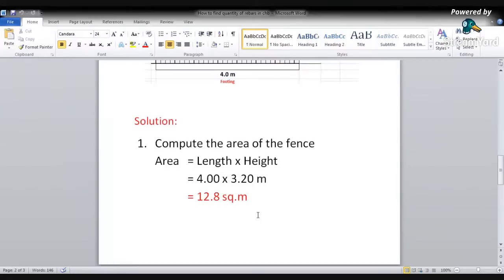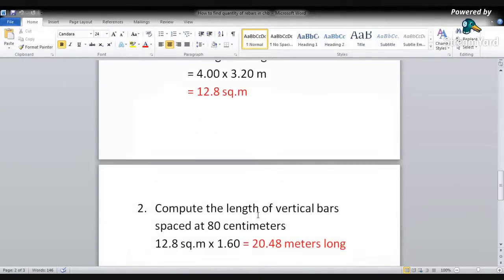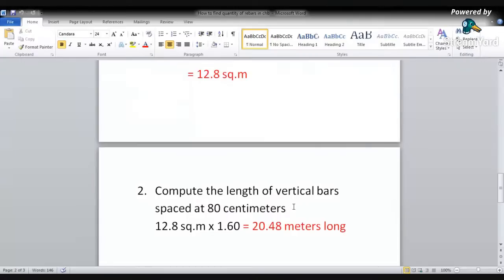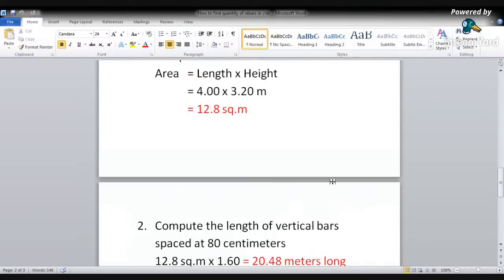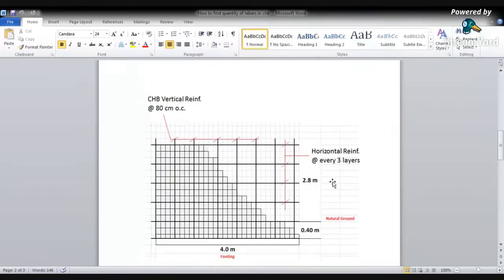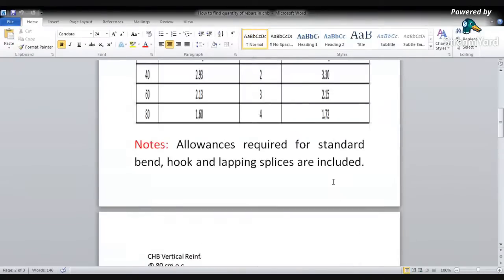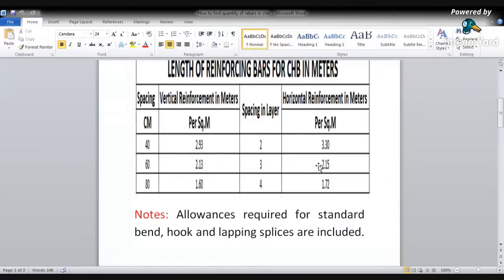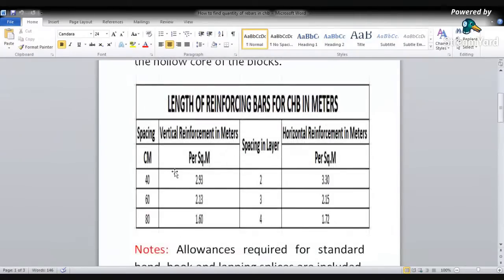So the next step is to compute the length of vertical bars spaced at 80 centimeters. So if we go back to the table, this is the constant table multiplier.